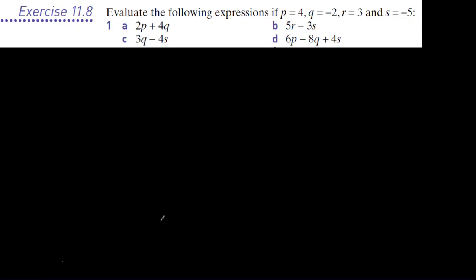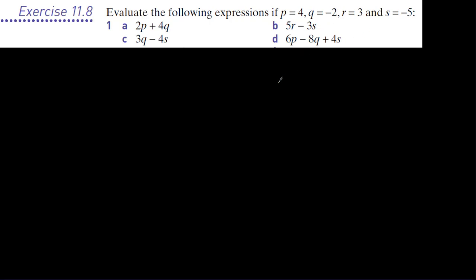We are going to continue with the other exercises. Here, evaluate the following expressions. This is the second type of question, and here there are 4 different values we can substitute: P is equal to 4, Q is equal to minus 2, R is equal to 3, S is equal to minus 5, but in the question there are only 2 of them. So we are not going to use all of them in the questions.